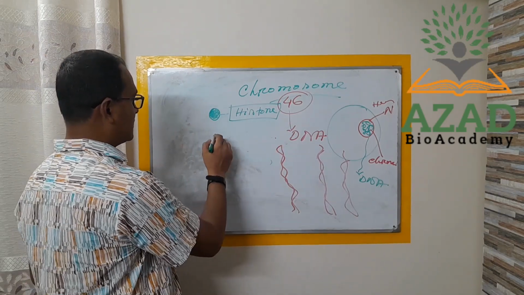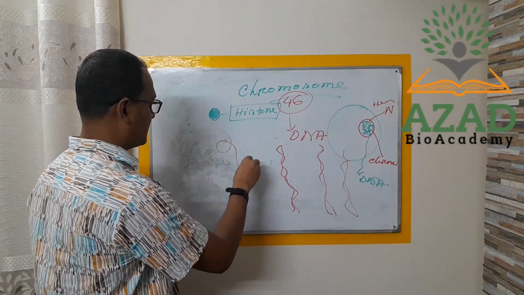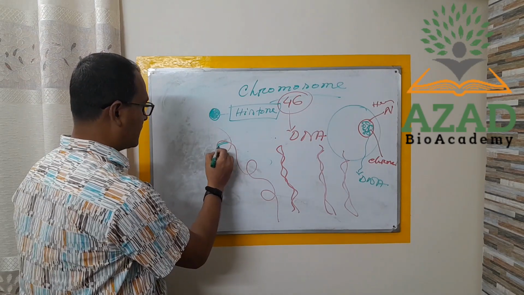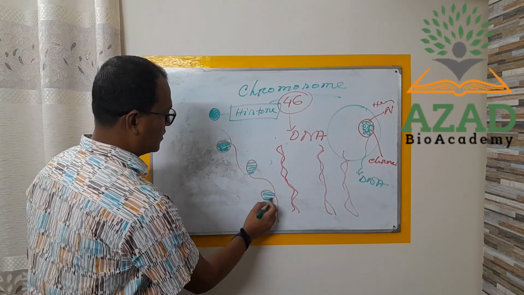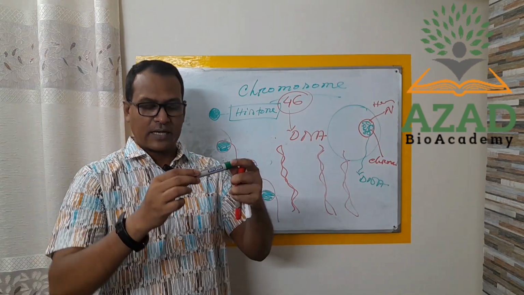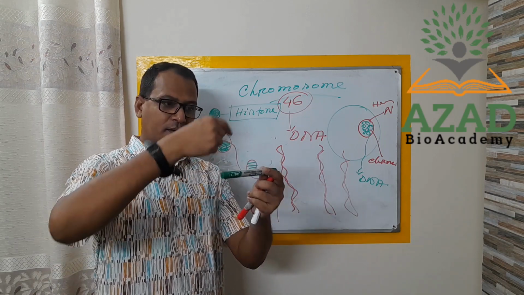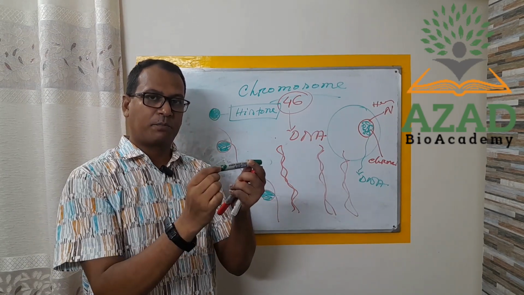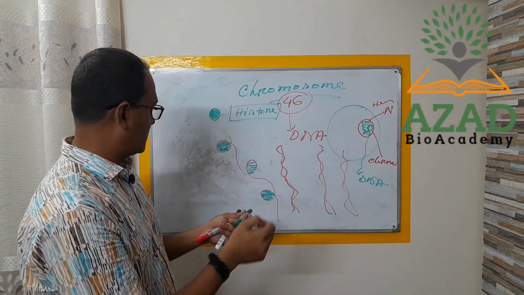Okay, so if you think this is DNA, and that DNA is just wrapping up on the histone protein. So these are the histone protein. If you just take a thread and wrap it on this pen, then the thread is DNA, and this pen is the base on which the DNA is wrapping up.